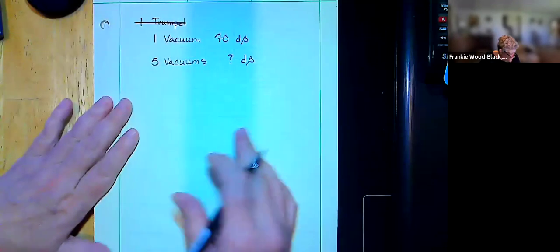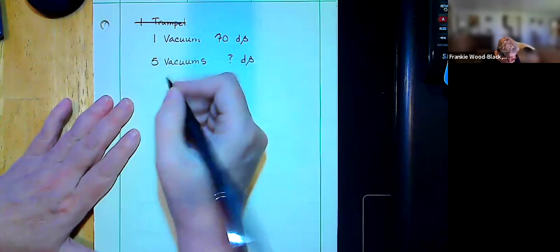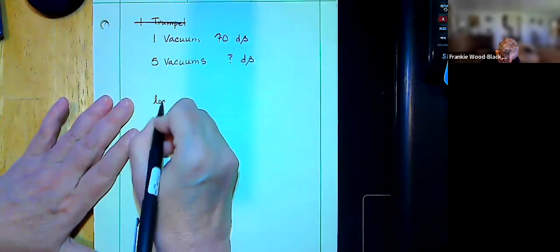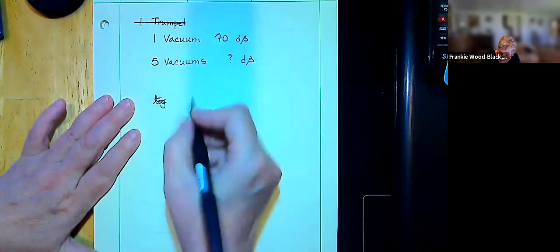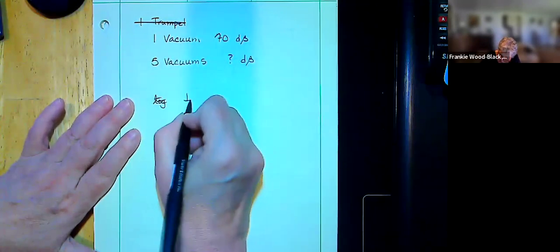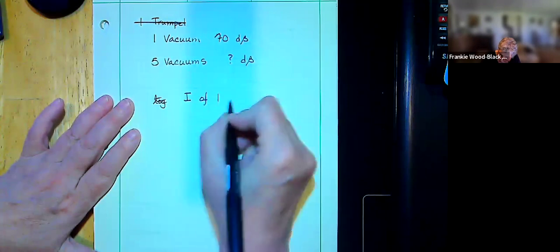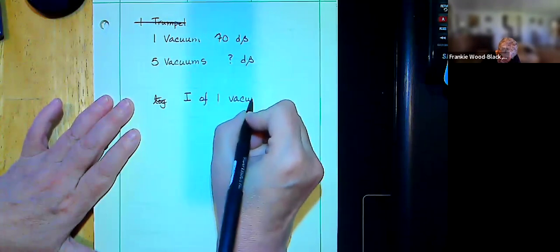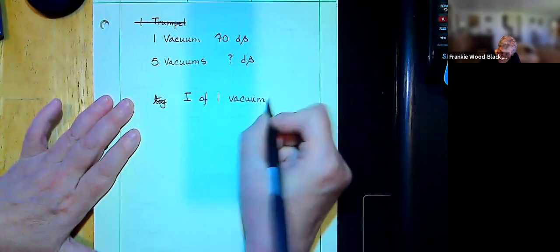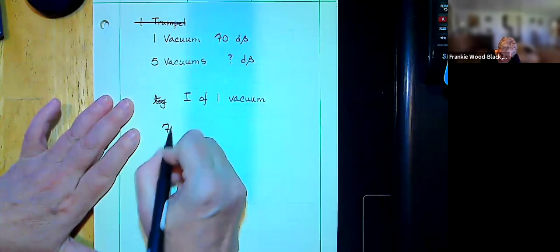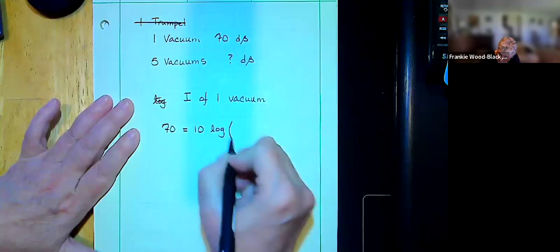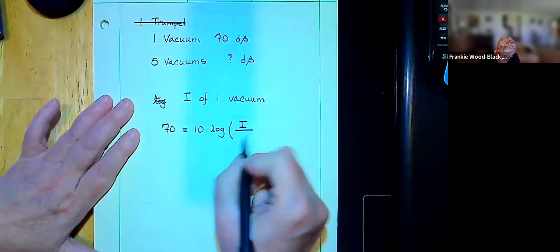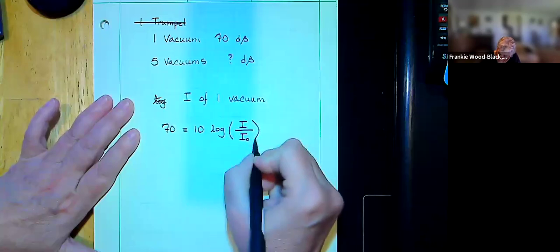So what we do is this. First of all, let's find the intensity of one vacuum. That's going to be 70 decibels is equal to 10 log of our intensity divided by our threshold of hearing.